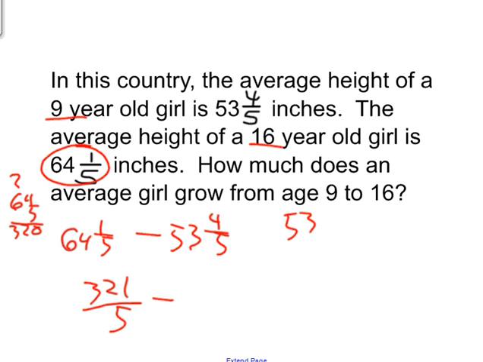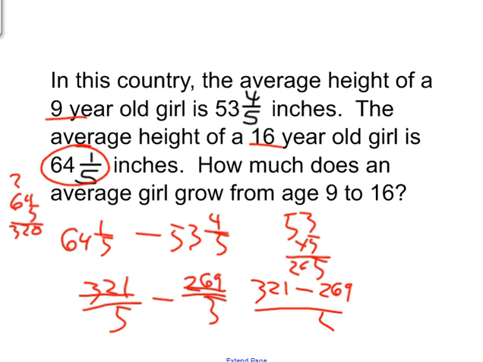I'm going to go 53 times 5, 265, plus 4 would be 269. So I've got 321 over 5 minus 269 over 5. So I'm actually going to do the numerator subtraction here. It's 321 minus 269, all of that over 5.